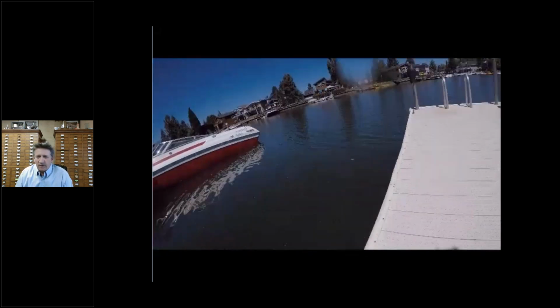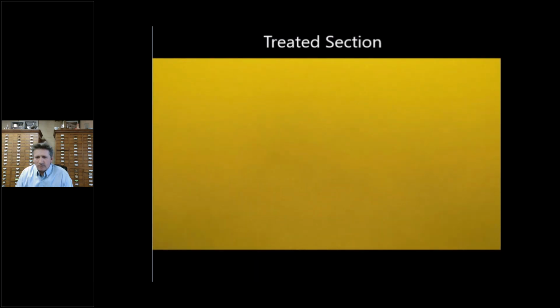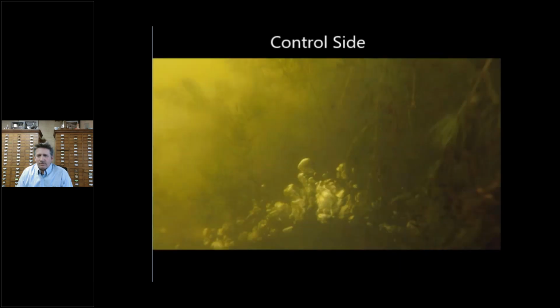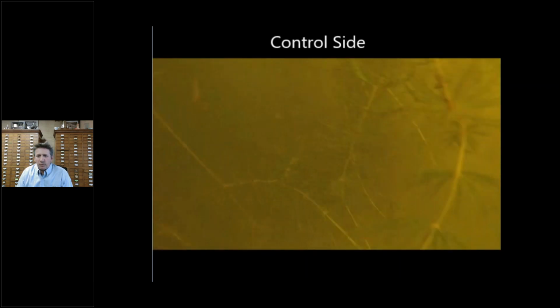Again, we just dropped the camera down. Sorry, the water's not super clear here, but you can see as it goes down, it sees the dust cloud, and there's really no evidence of plants where we treated. We're then going to lift the camera up, go to the other side, and it's just loaded with the milfoil, coontail, and curly pondweed.